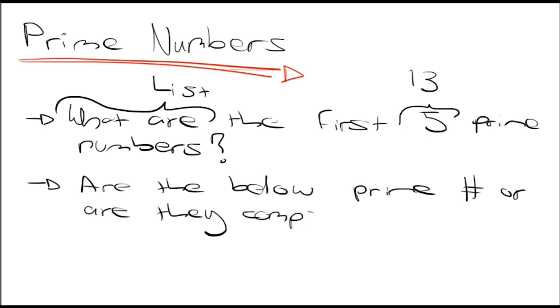And we'll look at what a composite number is next in a short while. But basically, a composite number is any number that is not a prime number. So these are 2 ways in which you're most likely to be asked about prime numbers.